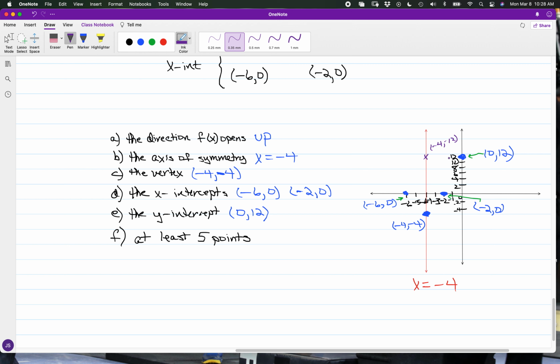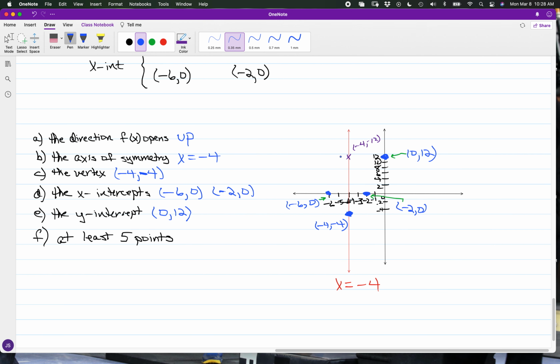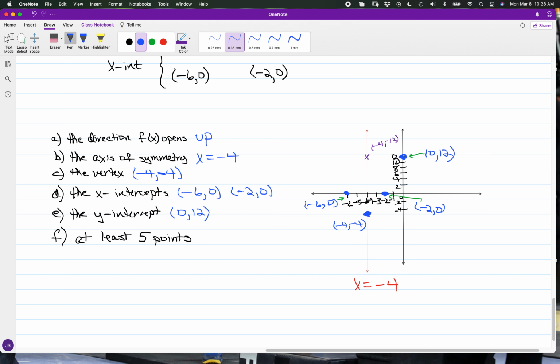And to have a 5th point included, if I go 4 spaces to the left, still level with y equal to 12, we have our 5th point, which is going to be -8, 12.